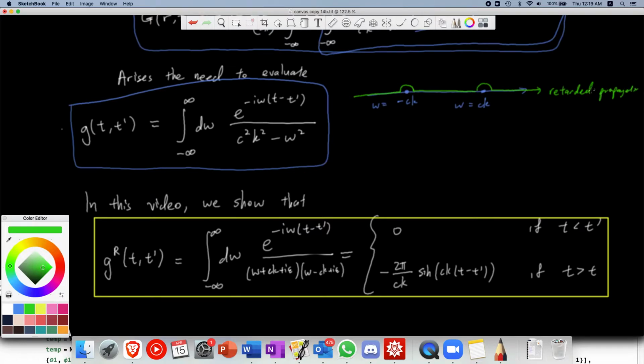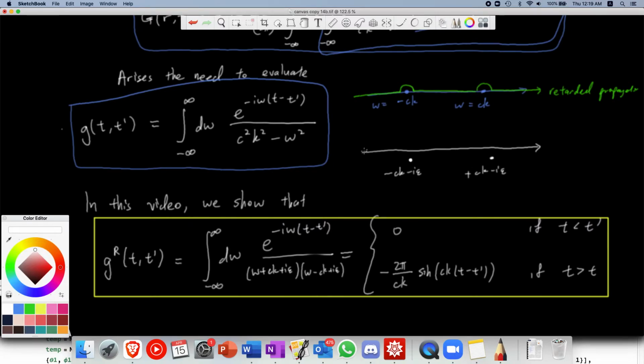Now it can be shown that instead of evaluating this integral along the contour that jumps over the poles, you can just evaluate the integral over the real axis, where you push down the poles to minus ck minus i epsilon and ck minus i epsilon.